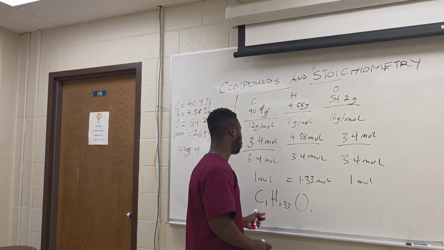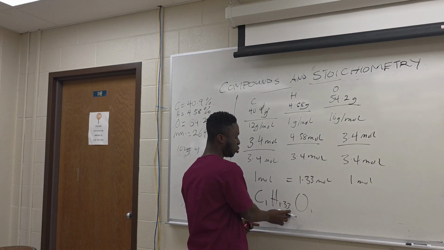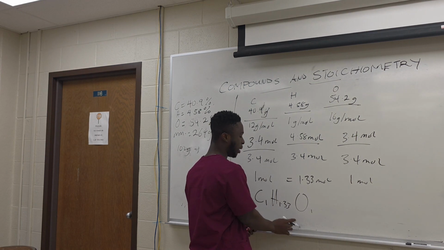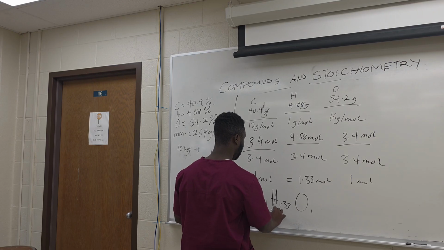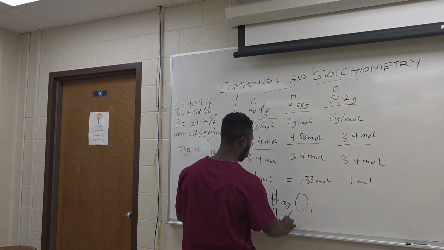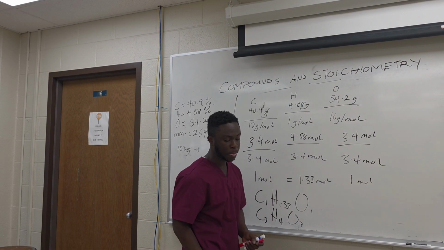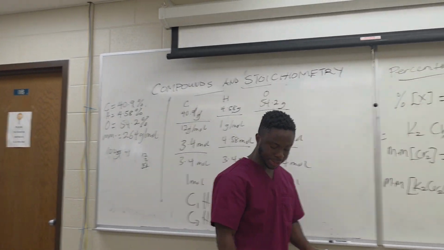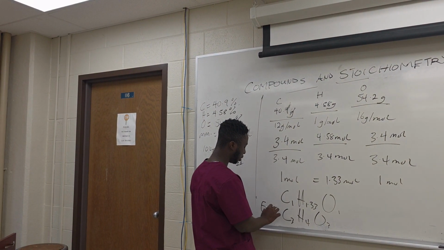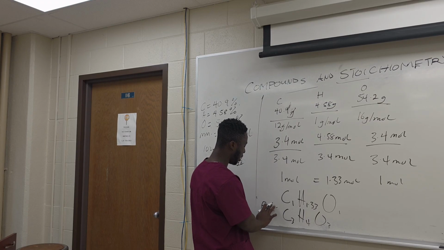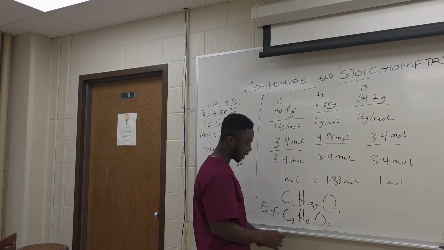So we can multiply through the entire thing by 3 to make this a whole number. If you multiply through by 3, we're going to get C3H4O3. So this over here will be the empirical formula. EF will be the empirical formula.